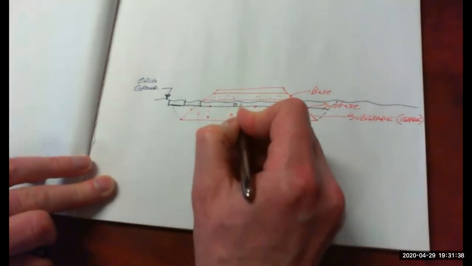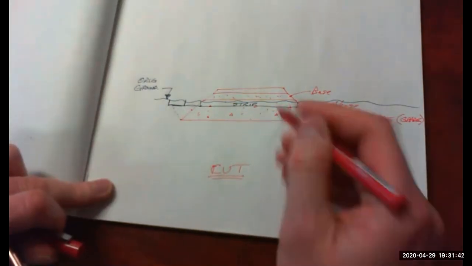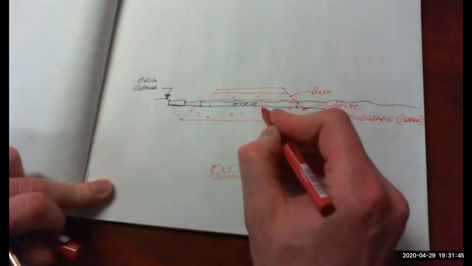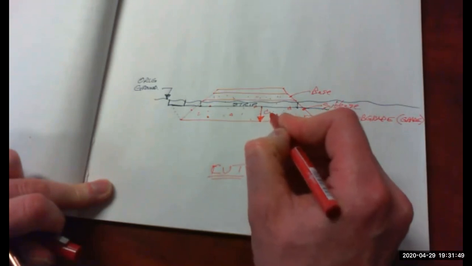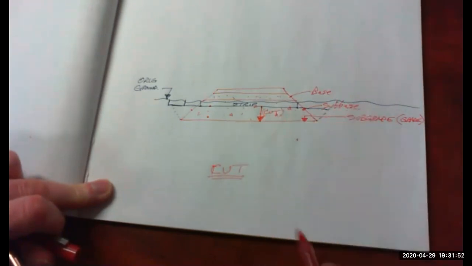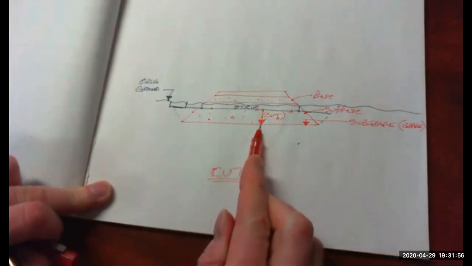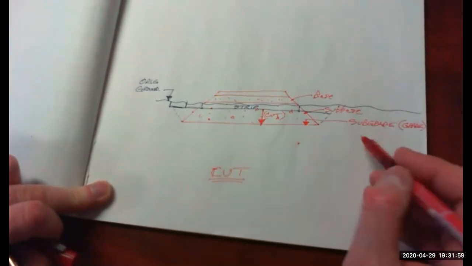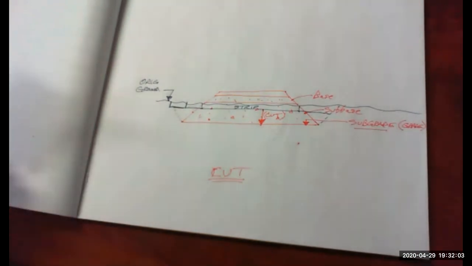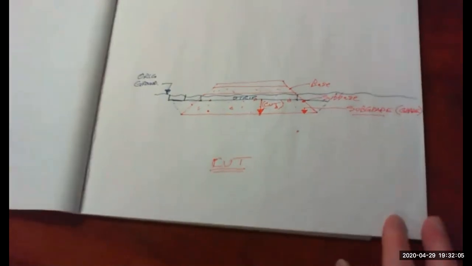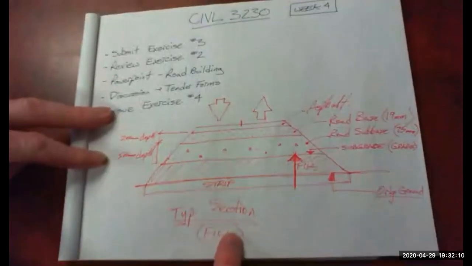So that is stripped. So then the cut depth is from the bottom of the stripping layer down to the bottom of our sub base or subgrade. So that's the difference between a cut section here and a fill section here.